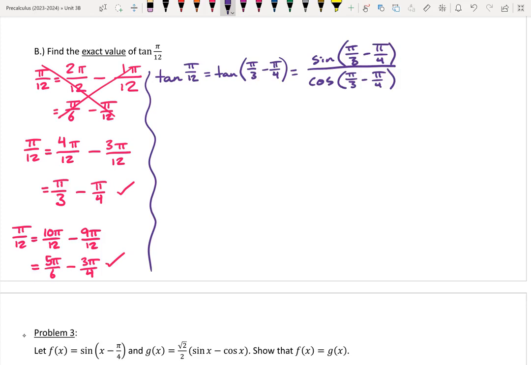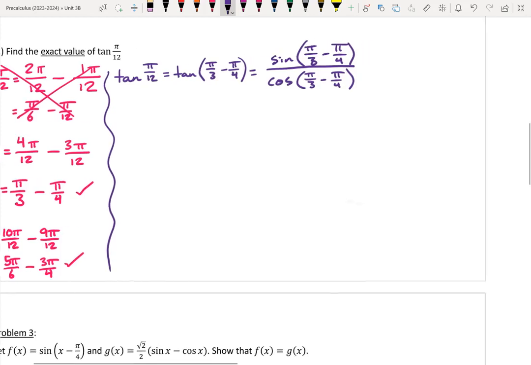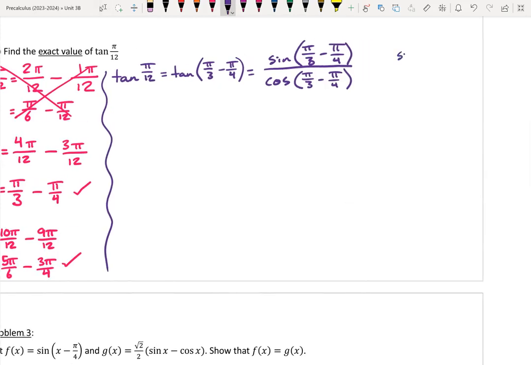So we're going to do the sine formula in the numerator and the cosine formula in the denominator. In a sense, I have sine of u minus v divided by cosine of u minus v. So look at your sine of u minus v formula and use that to get your numerator.